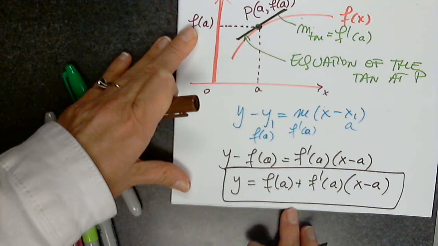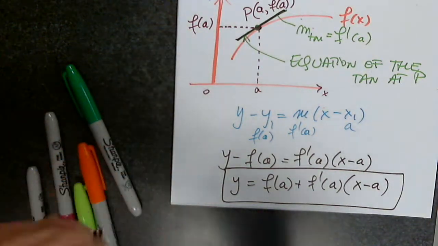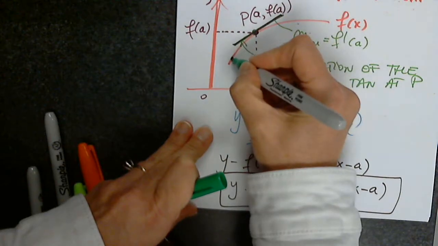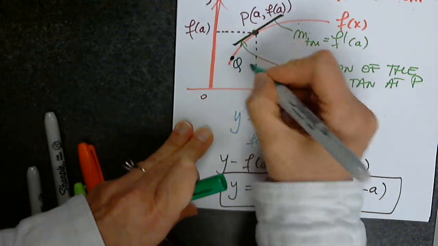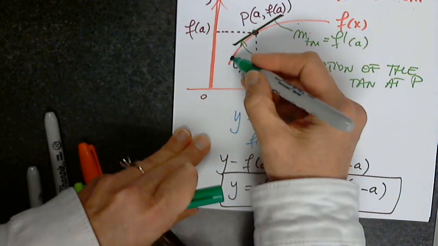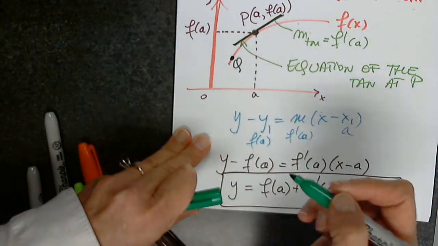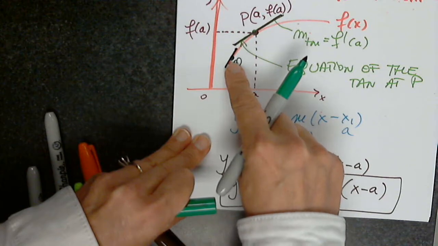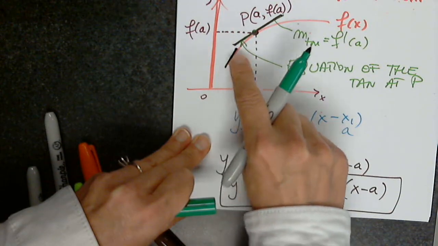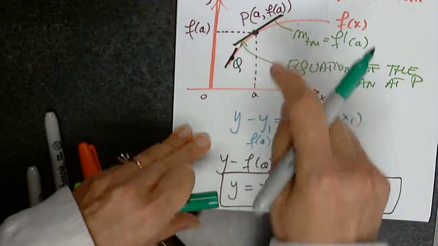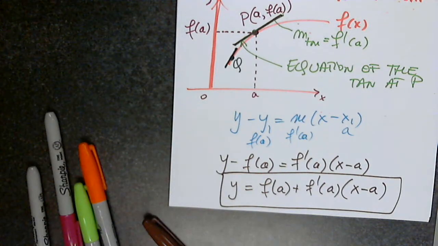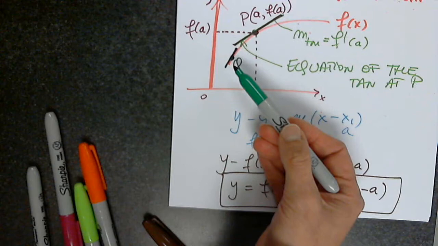Would you agree? Okay. Assuming I change the point and I'm here now, let's say, with point Q, and I have a different x and a different y, do you think that the equation of the tangent here will be the same as the equation of the tangent here? Absolutely not. Is that clear? Even the slope is different.